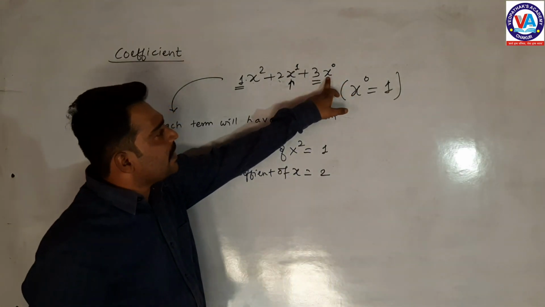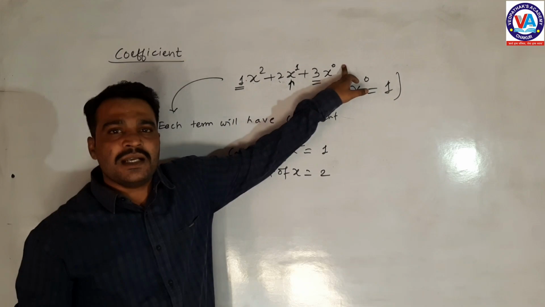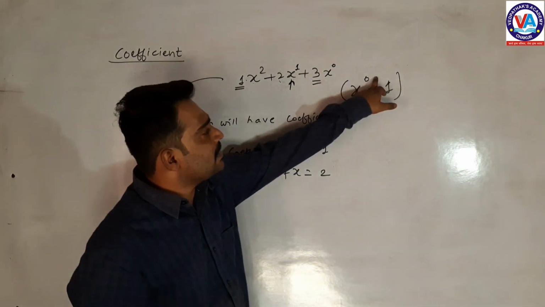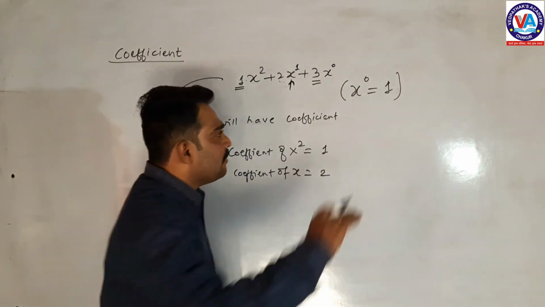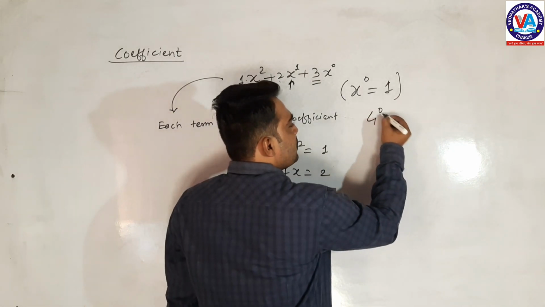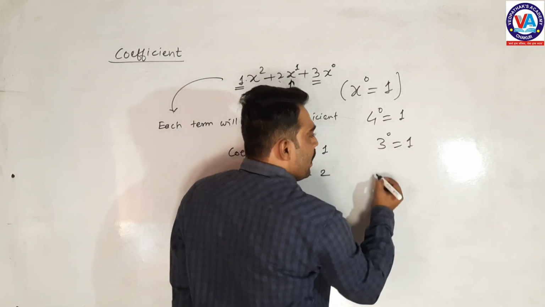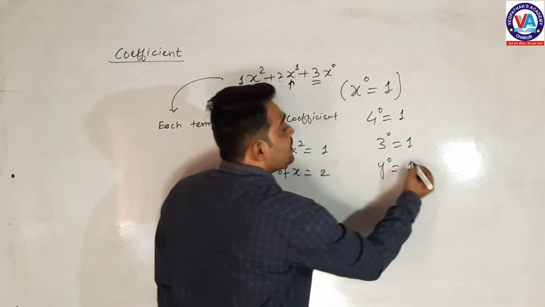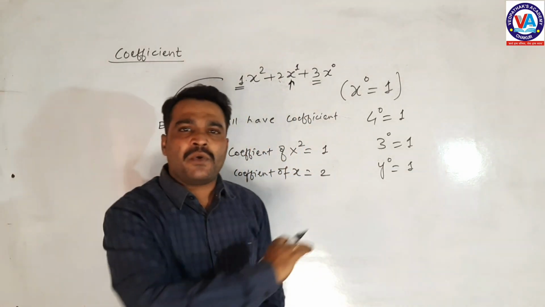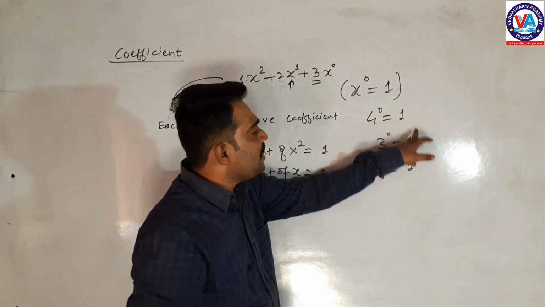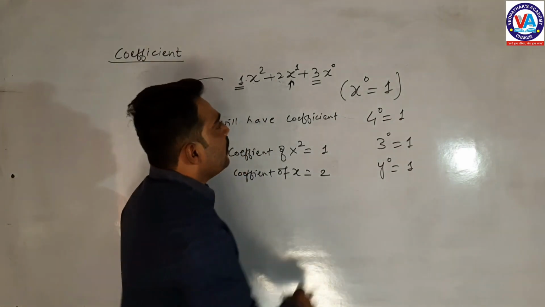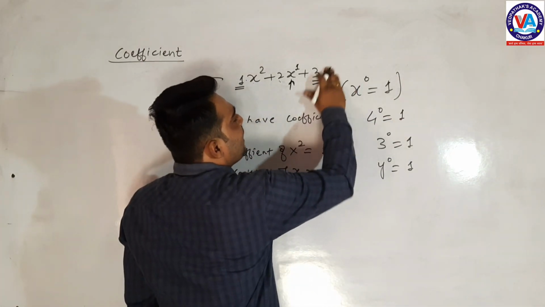Something to the power 0, 4 to the power 0 is always equal to 1. 3 to the power 0 is always equal to 1. y to the power 0 is always equal to 1. Means something to the power 0 will always be equal to 1. म्हणून इथं आपण x to the power 0 म्हणजेच काय असणार आहे?